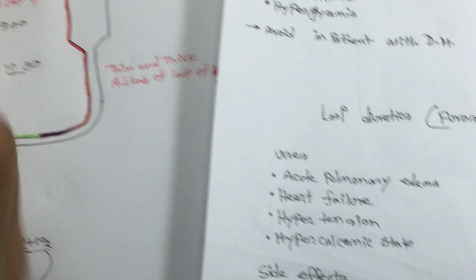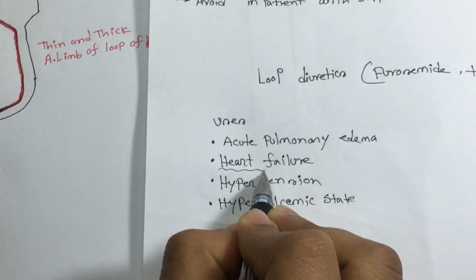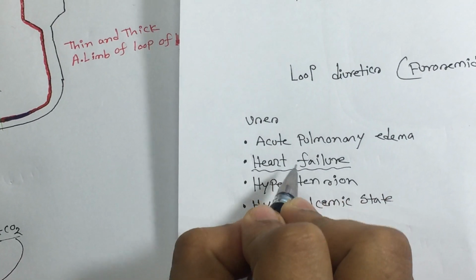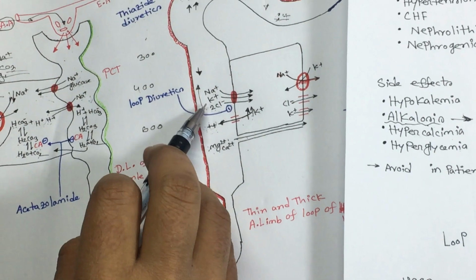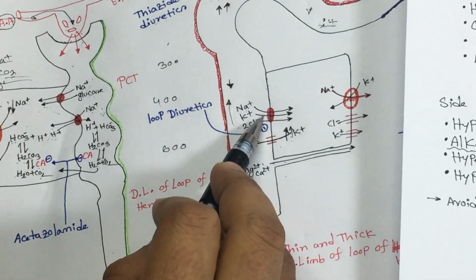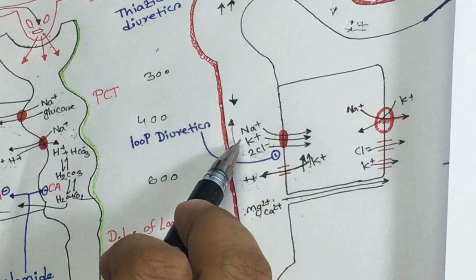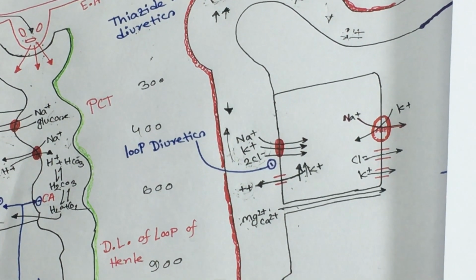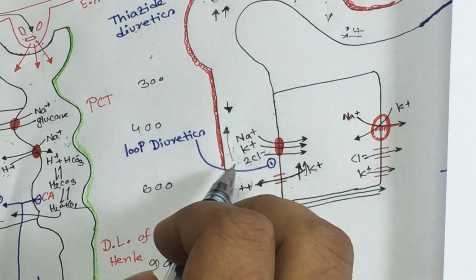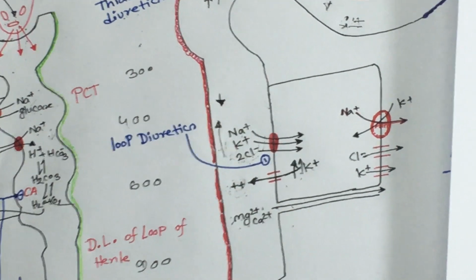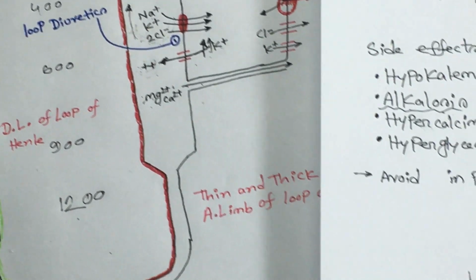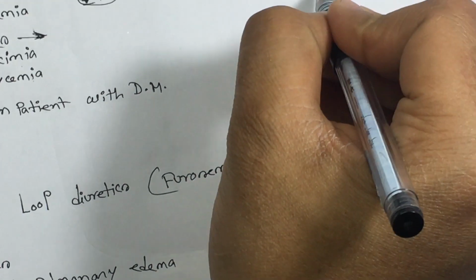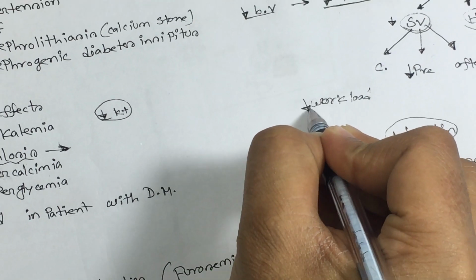And another thing, it will be helpful in heart failure patients. How? If we use this drug, these ions will not be reabsorbed, and at the same time we will increase the urine volume. Water will follow, and that will decrease our blood volume. See, in a heart failure patient, our goal is to decrease the workload.